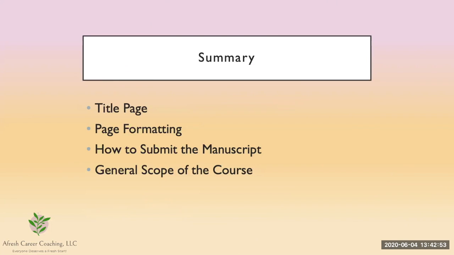In summary, in this module, we covered basic information on fine-tuning the manuscript, to include the title page, how to format the entire manuscript, and how to submit a manuscript. Again, the general scope of this class is to help the editor understand that this training is not exhaustive, but has appropriate content to establish good editing practices.